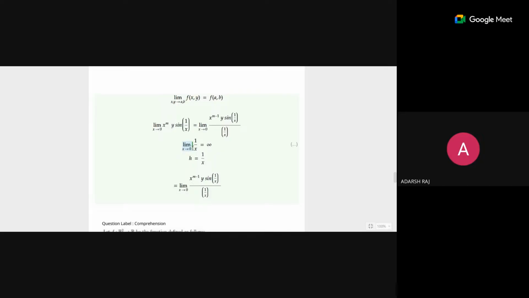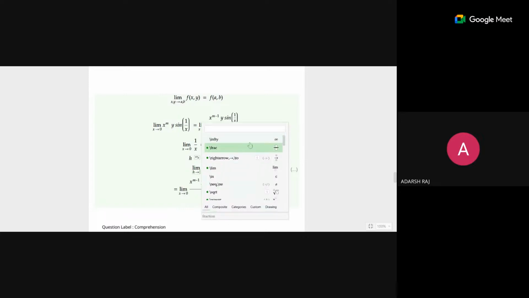If x tends to 0, h tends to infinity, and if h tends to infinity, then 1 by h tends to what? 0, right? So this is the same as this one. So we can rewrite this line and change the limits, the limit condition.